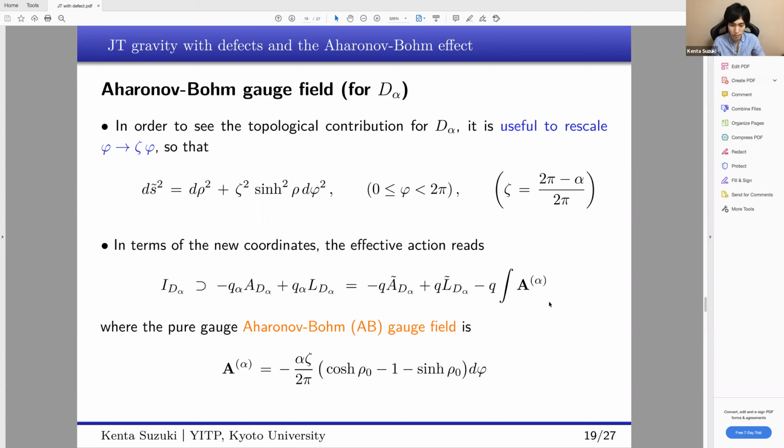And this additional contribution, when written in terms of a boundary integral, basically gives a pure gauge Aharonov-Bohm gauge field A of alpha, whose explicit expression is given by this equation.